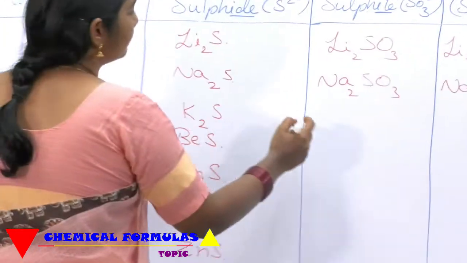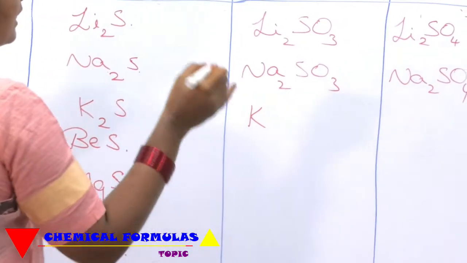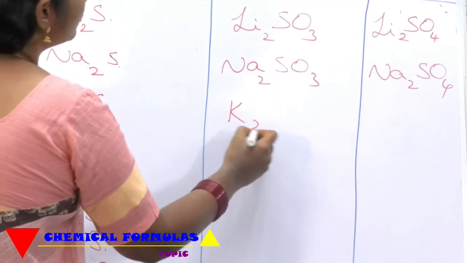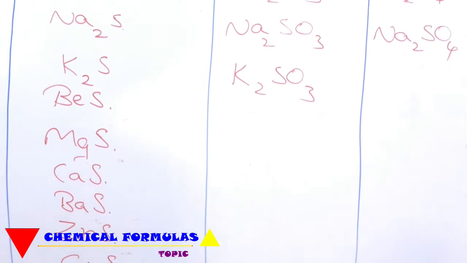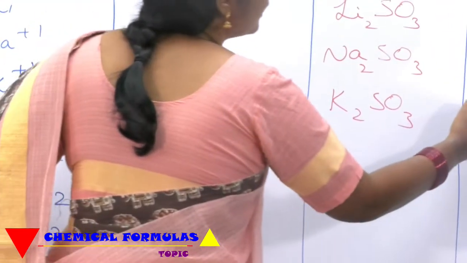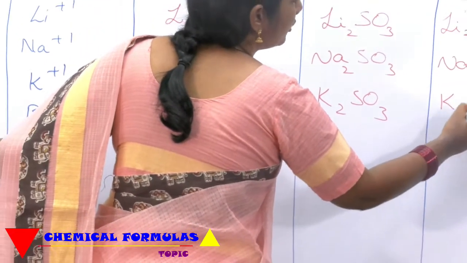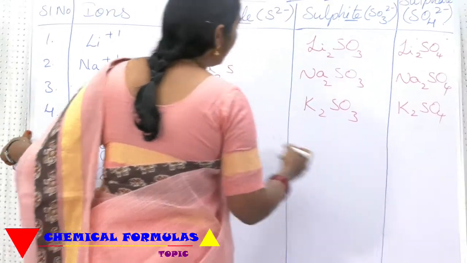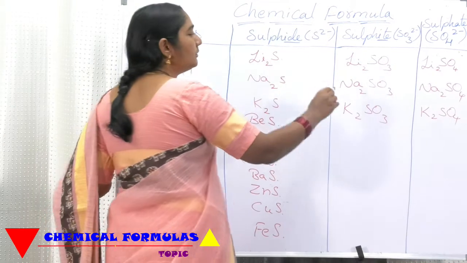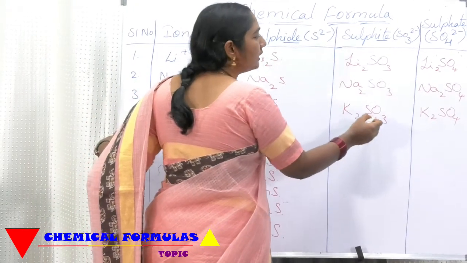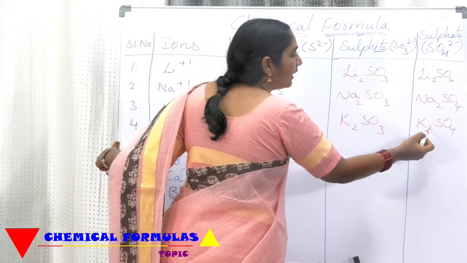No need of writing. Next, potassium sulfite K2SO3. I know that you might have understood. Potassium sulfate K2SO4. Potassium sulfide K2S, potassium sulfite K2SO3, potassium sulfate K2SO4.